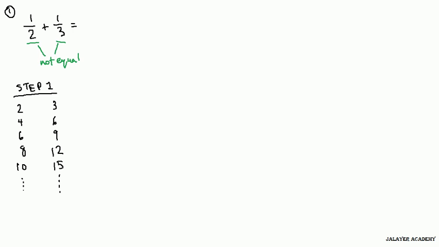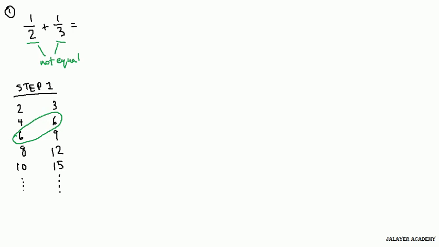But really what I'm interested in is where do those two become equivalent? And you can see here that they both have the same multiple at 6. And in fact, the least common multiple of the two is 6, right?